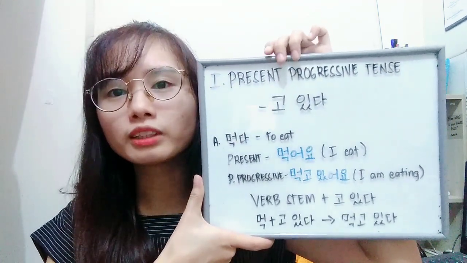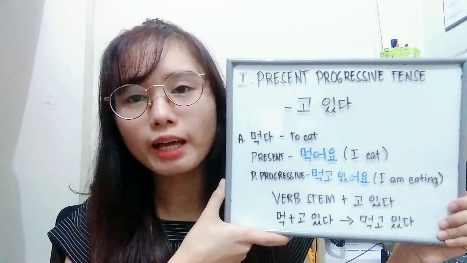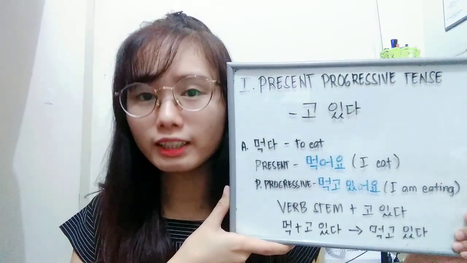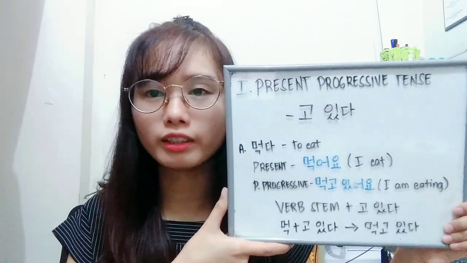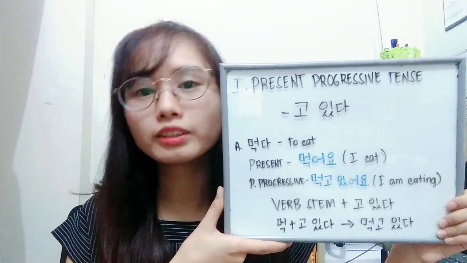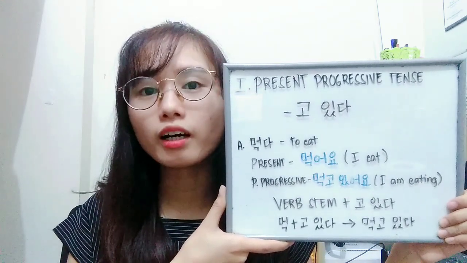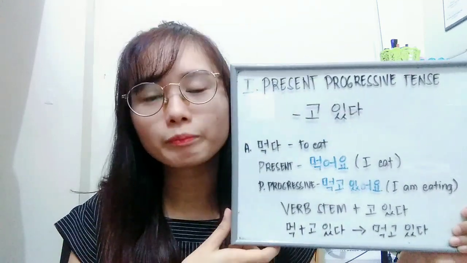So, the present progressive tense, ang kanyang grammar pattern lamang ay ko-ita. Ko plus ita. Okay? For example, the word mokta. Mokta is the verb to mean to eat, right? To eat. The action verb to eat.